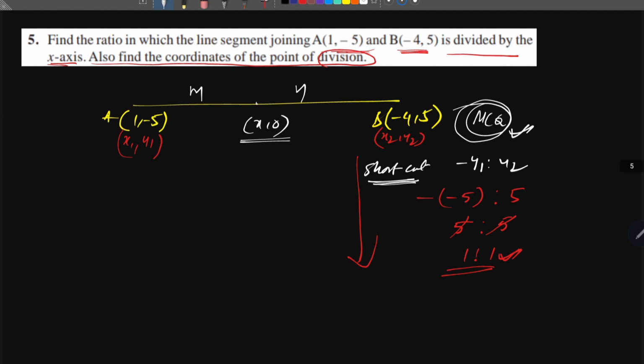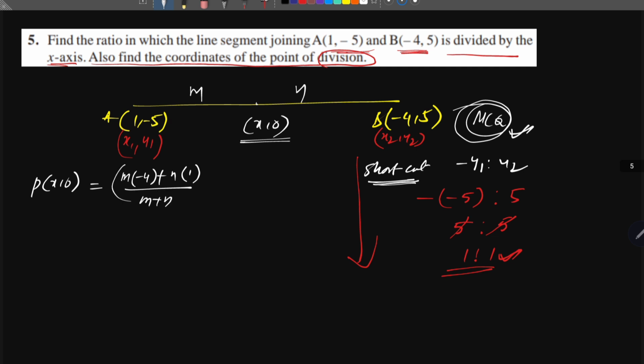The same method applies using the section formula. The point P is (x, 0), which is equal to (m x2 plus n x1) over (m plus n): m into x2, which is minus 4, plus n into x1, which is 1, divided by m plus n, comma, (m y2 plus n y1) over (m plus n): m into y2, which is 5, plus n into minus 5, divided by m plus n.